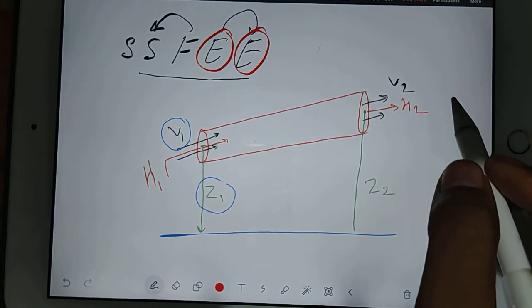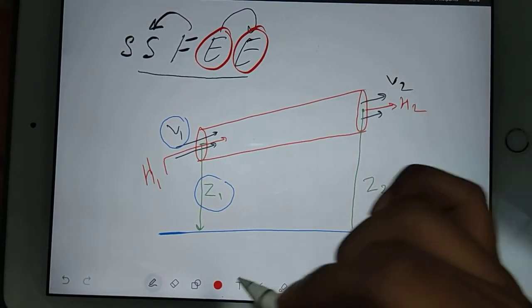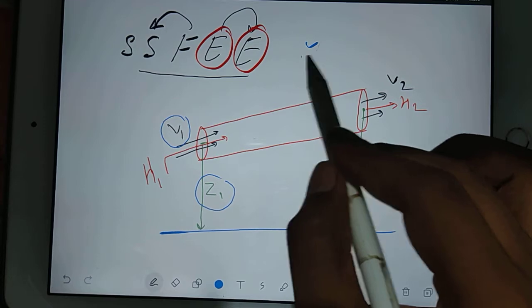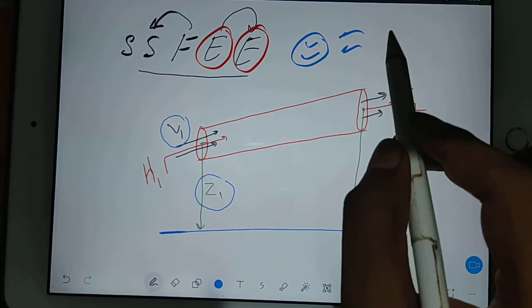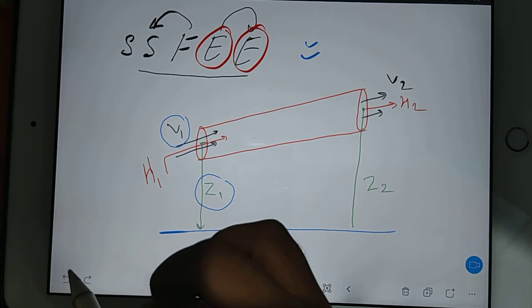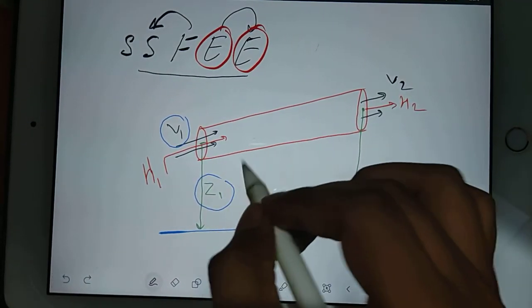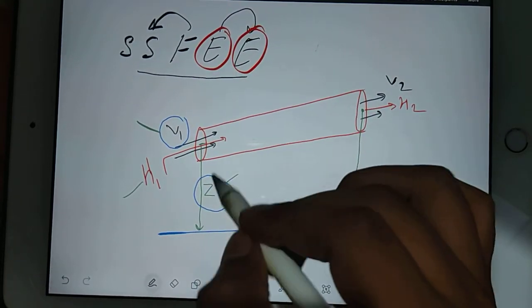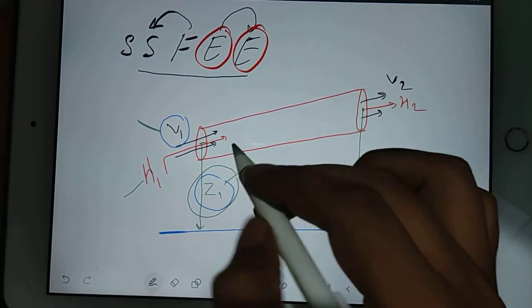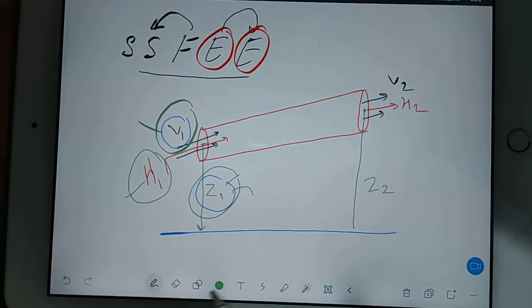So only these three energies are possible in any flow at the inlet and outlet. This question they can ask during your admission in MTech, MS or PhD: what are the energies possible at the inlet and outlet? So only three energies are possible: Z1, H1, V1. Sorry, Z1 is not energy. I mean energy because of height, energy because of velocity, and the enthalpy.